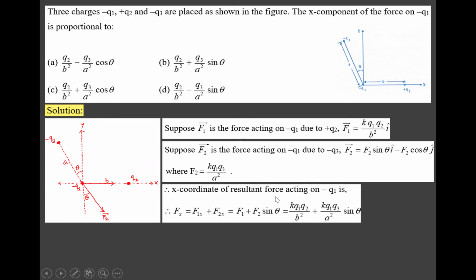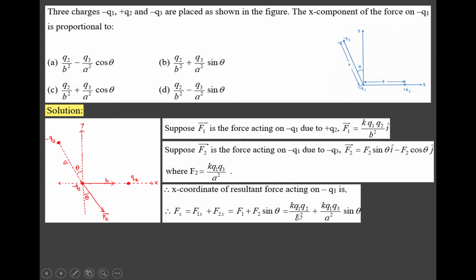So x component of resultant force acting on minus Q1, that is Fx equal to F1x plus F2x, and that is F1x, that is F1 itself because it is in x direction itself here, and x component of F2 force, that is F2 sine theta.